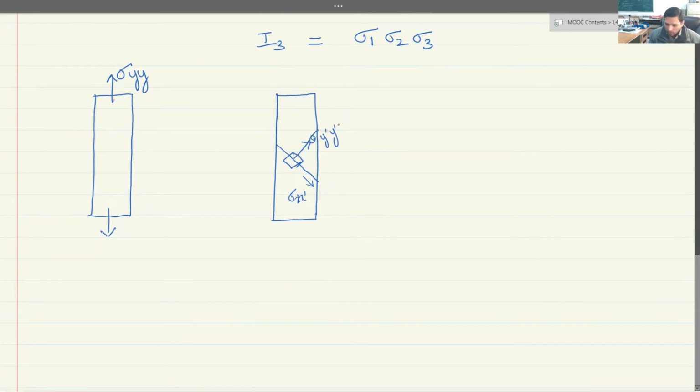Now this sigma y prime can be written in terms of sigma yy and theta, where theta is the orientation.